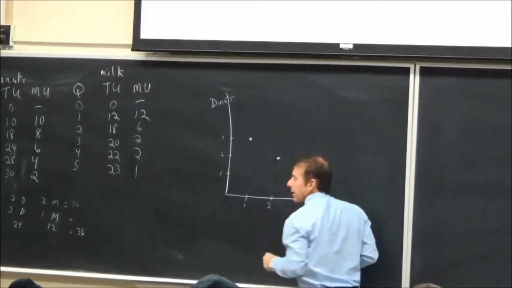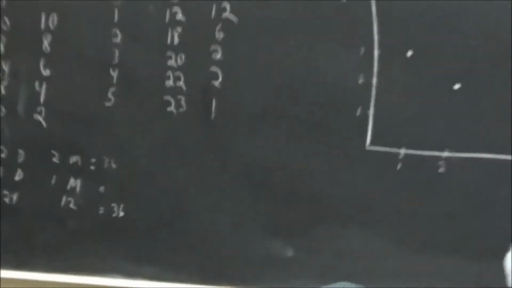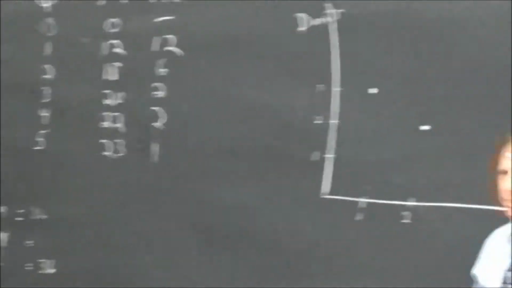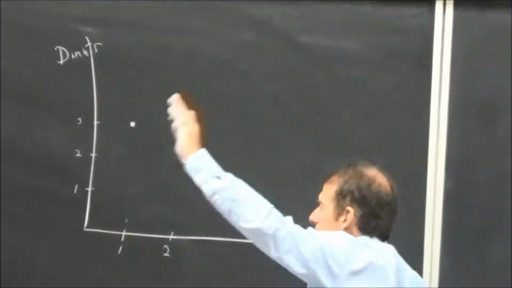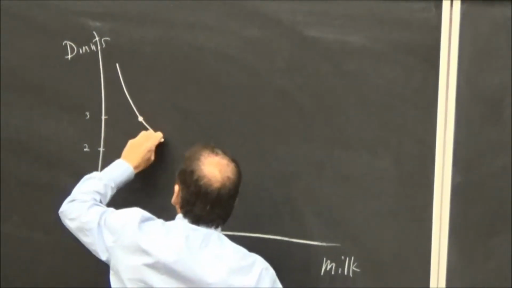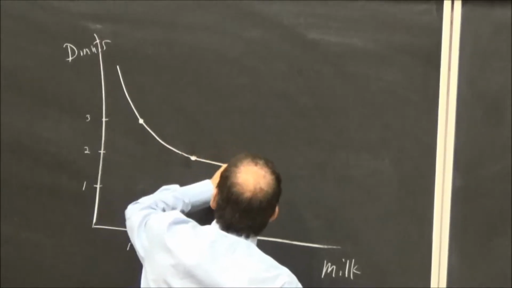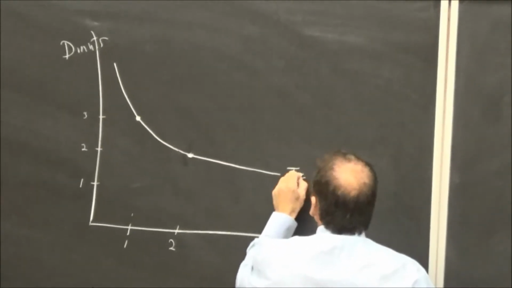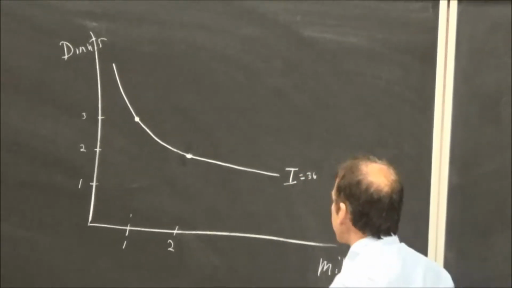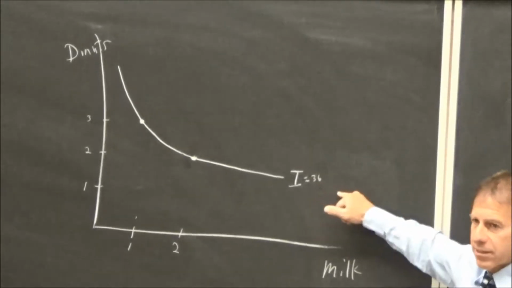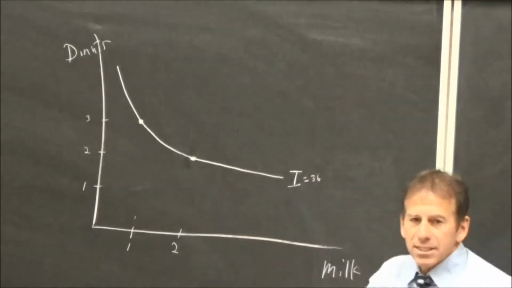The shape of an indifference curve is not a straight line. It's shaped like this. It'll hit those 2 points, but it'll kind of go out like that. This is called an indifference curve. I'll call that I equals 36, because here my utility level is 36 along any point on this indifference curve.